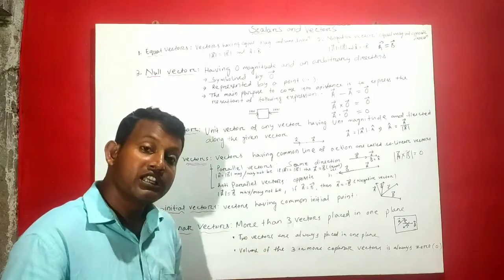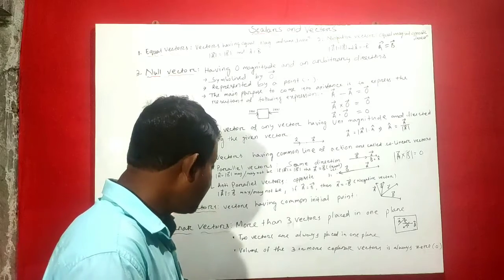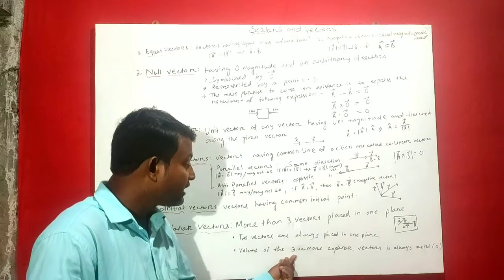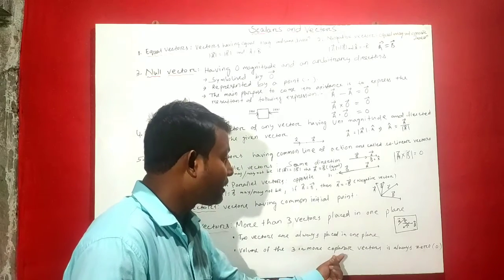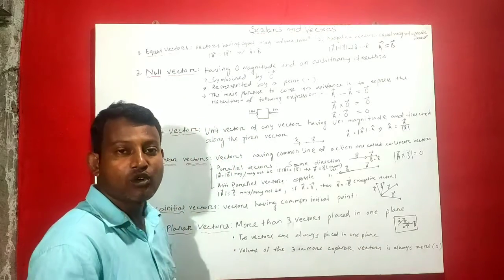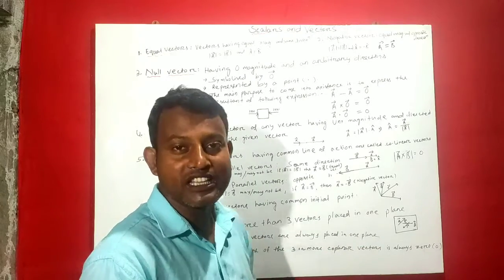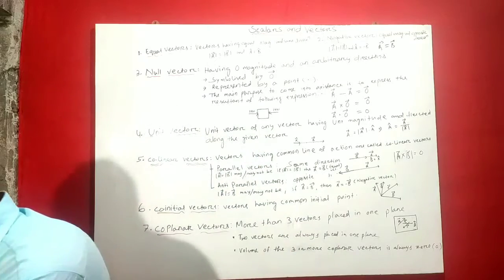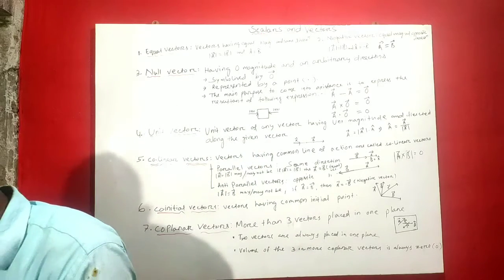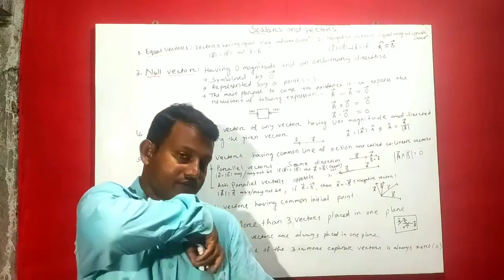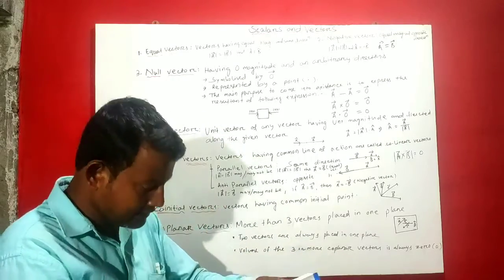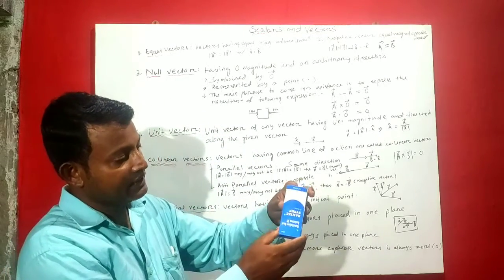If three vectors are in one plane, then the volume of the three or more coplanar vectors is always 0. How is it? Look.